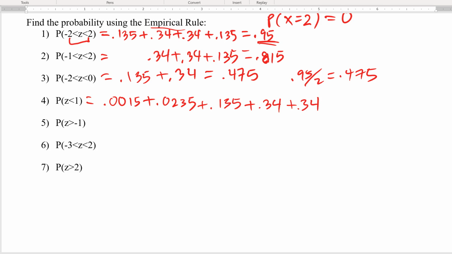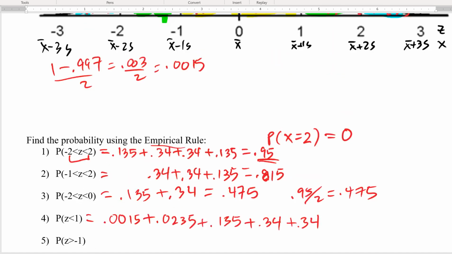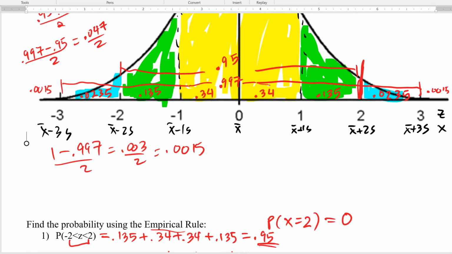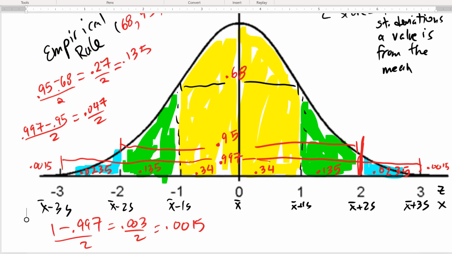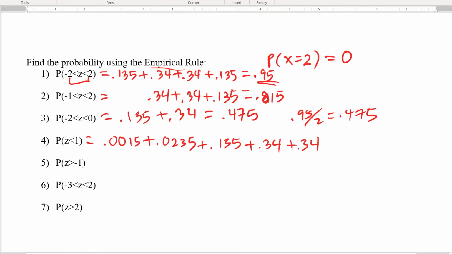Now this is not how I would do this, but this would work. You could take all of those pieces, 1, 2, 3, 4, 5 numbers. But what I would do is I would say what? Everything to the left of 0 should total to 50%. So I don't need all those numbers because I know that all of these total up to 50%.